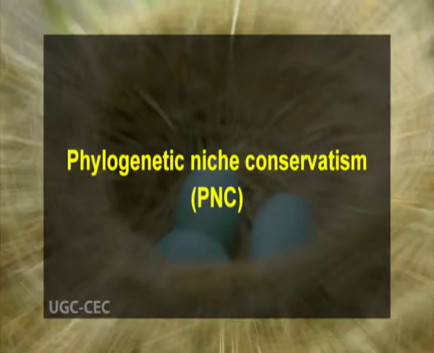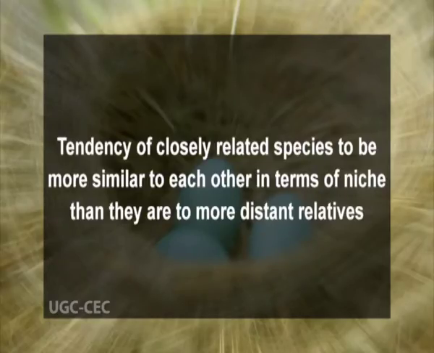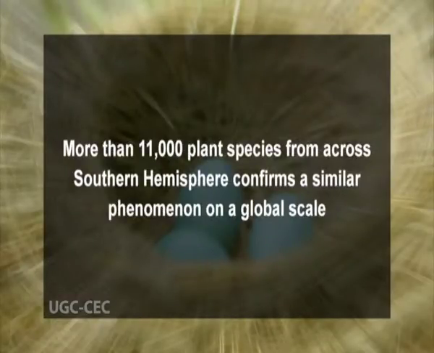Phylogenetic niche conservatism refers to the tendency of closely related species to be more similar to each other in terms of niche than they are to more distant relatives. A tendency towards conservatism has been demonstrated previously on the local and regional scales, and now a study of more than 11,000 plant species from across the southern hemisphere confirms a similar phenomenon on a global scale.